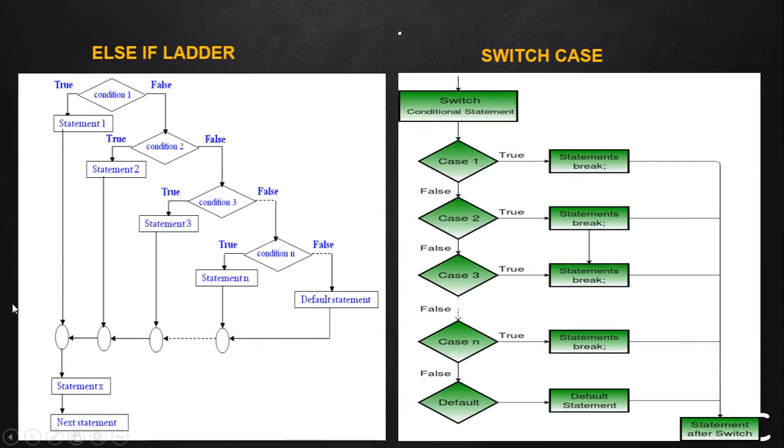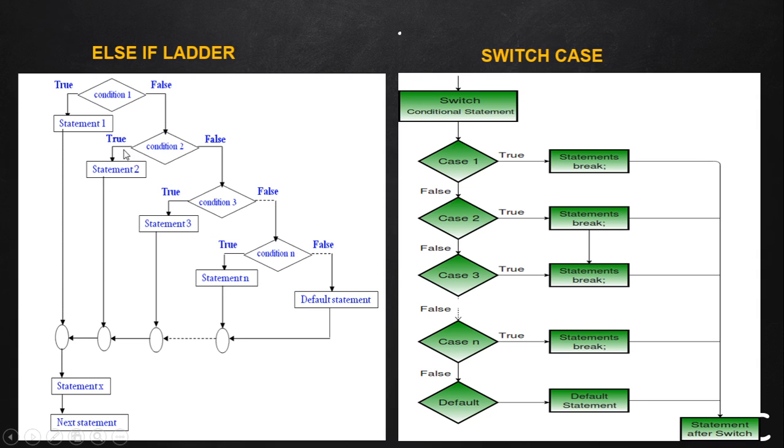Next is the else if ladder. That means we can check more conditions using this else if ladder. If the first condition is true, then execute a particular set of statements and directly go for the execution of the remaining portion. If the condition is false, then check another condition.